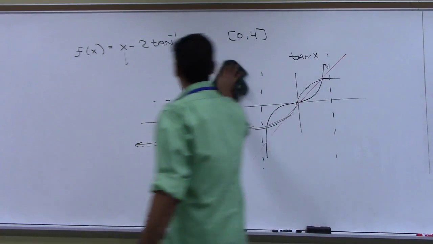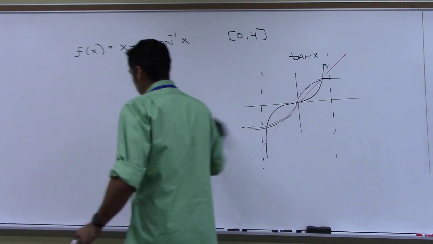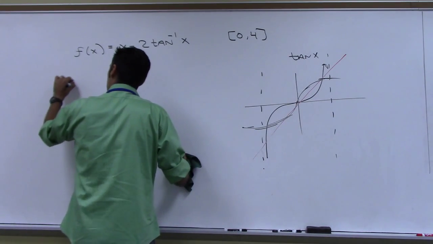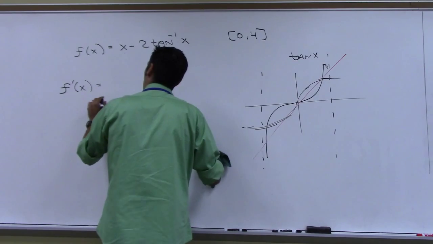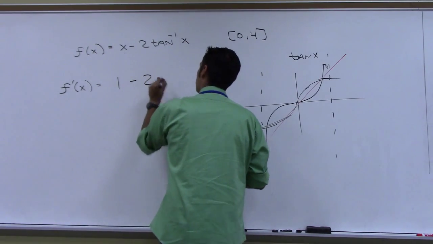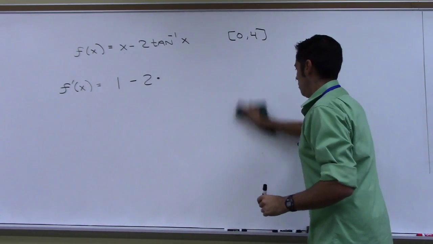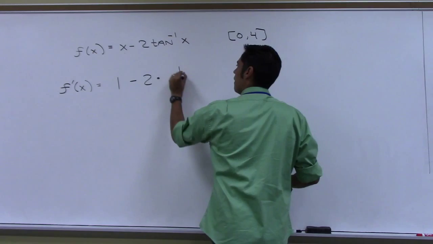Now let's take our derivative. It's a pretty clean derivative. Derivative of x is 1 minus 2 times the derivative of arctangent, 1 over 1 plus x squared.